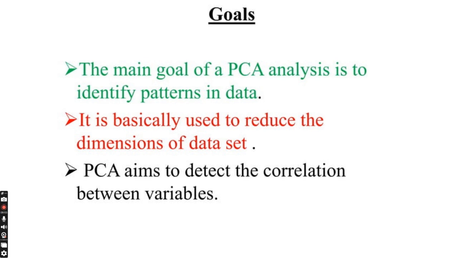This is very important because, for example, we have different kinds of data variables and we have to analyze the relationship between these variables, so that we can reduce the data, whether it is needed or not needed.